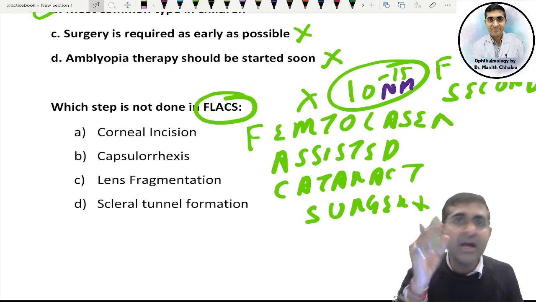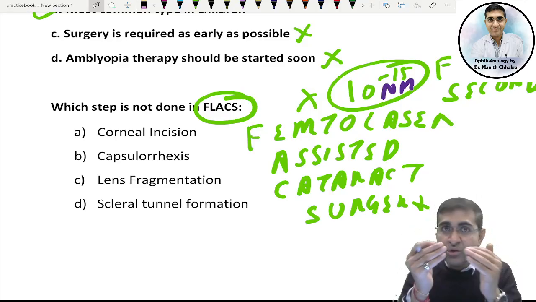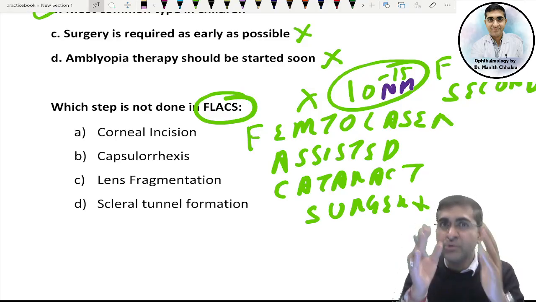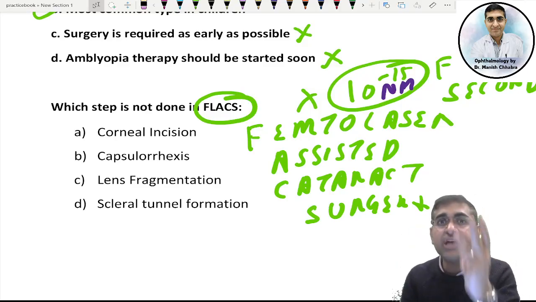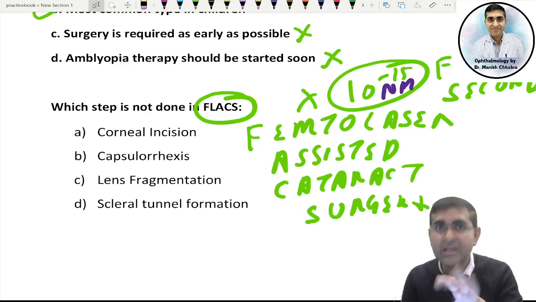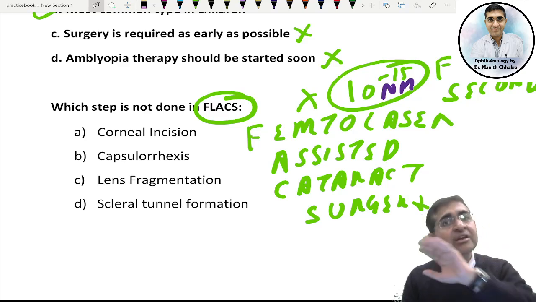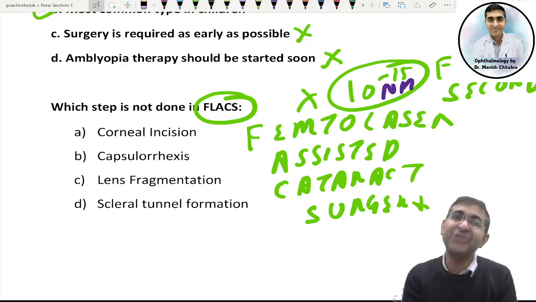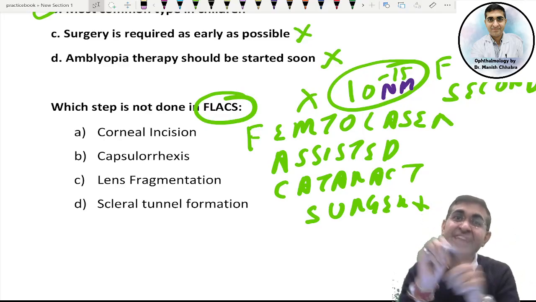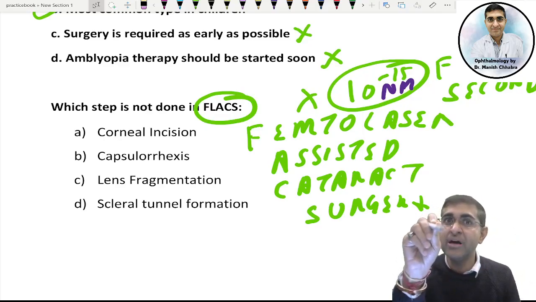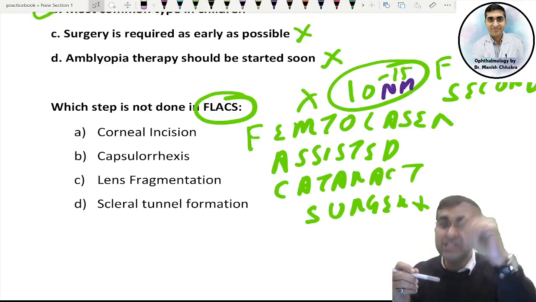Then you implant the artificial IOL. Now out of all these steps which I told you, 3 steps are performed by femtolaser. Rest everything is done via phaco only. Phaco only means the aspiration part, that is a phaco probe which aspirates the emulsified nucleus.